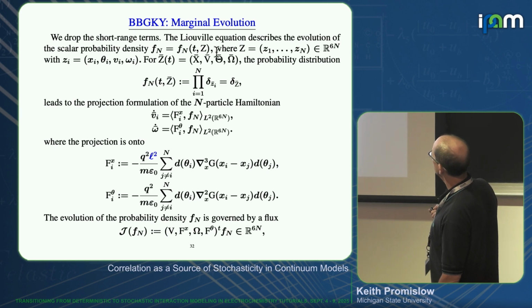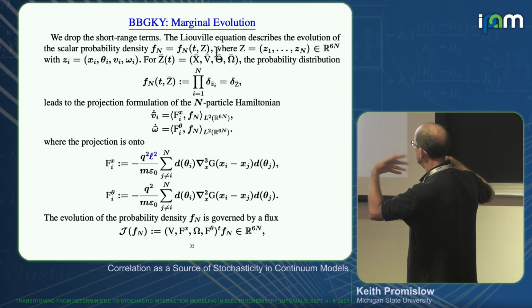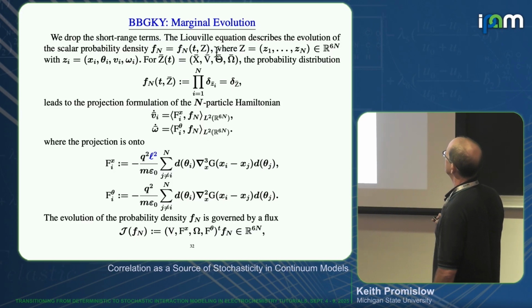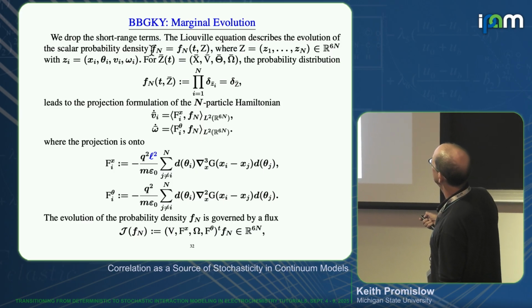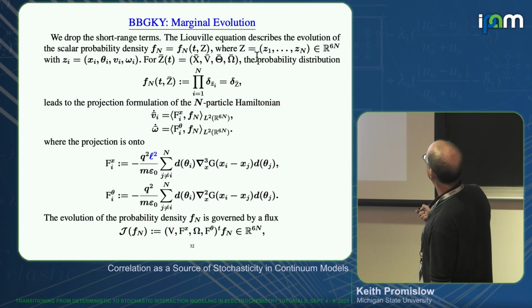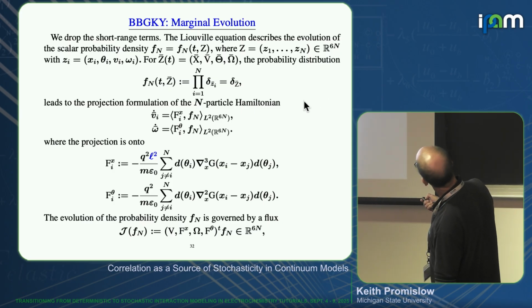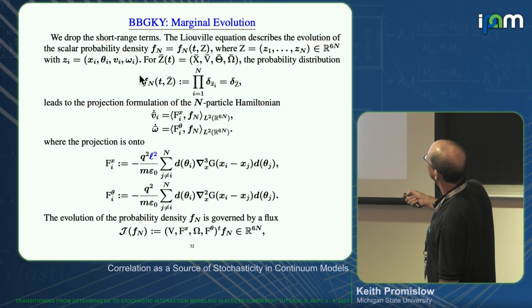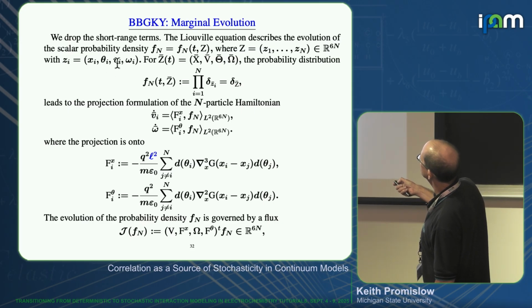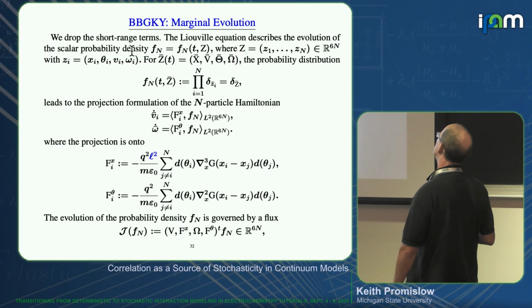So the Liouville equation for the n particle distribution is the evolution of the scalar probability density. Z is Z1 through Zn, the n particles in R, 6n. So I'm in 2D, but I've got 3 sets of variables. X and V are two-dimensional. Theta and omega are one-dimensional. 1, 2, 3, 4, 5, 6.